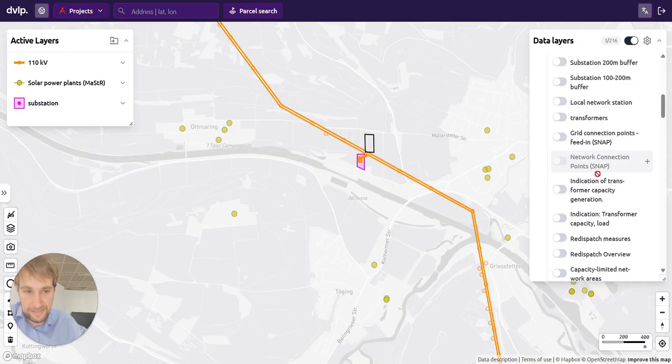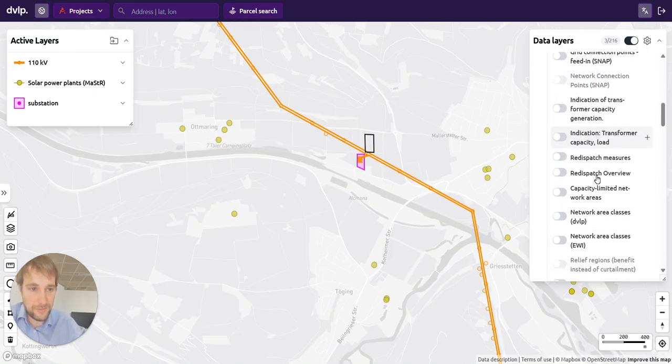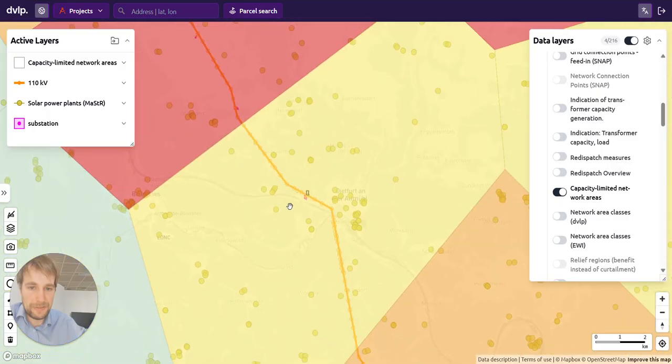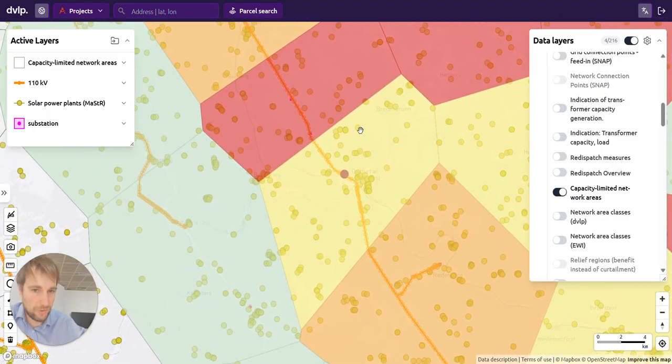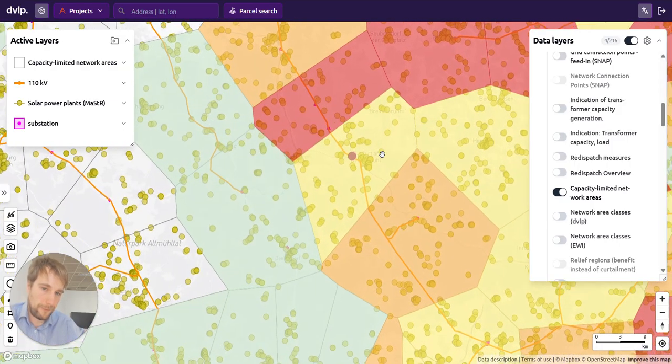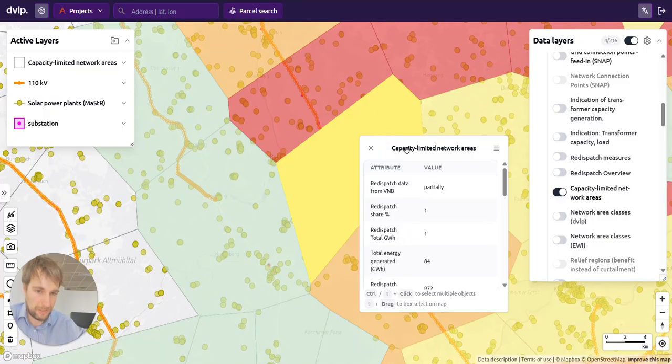And this is a data set that you will also find here, that we have also calculated, which is called capacity limited network areas. This basically shows you areas in the grid that suffer from high relative redispatch values.